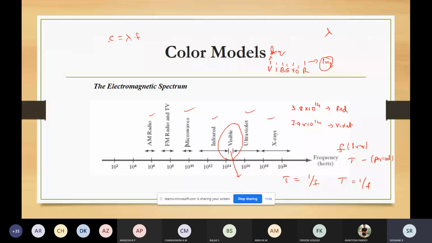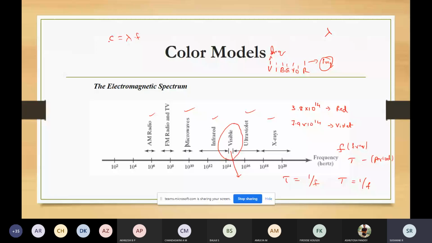When this white light is incident on some object, some frequencies will be reflected and some will be absorbed. The combination of the frequencies present in the reflected light will decide what color we are seeing.